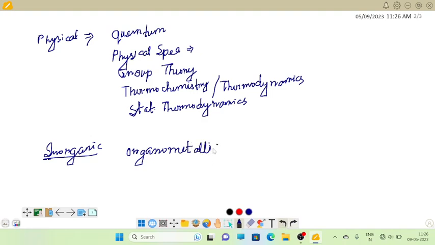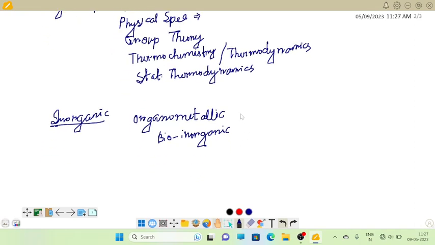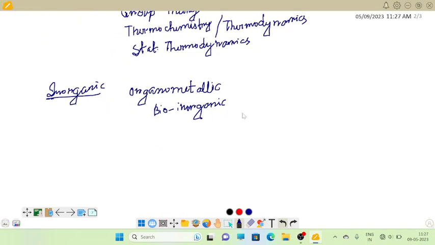Second, bioinorganic chemistry. It is a very easy chapter. Just read it. You don't have to give too much effort to this chapter, because memory-based questions will come from this, with very much weightage.